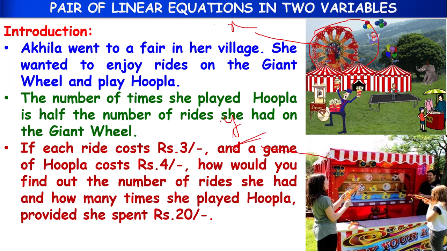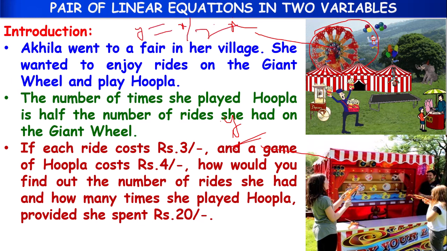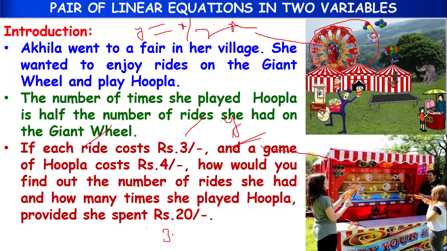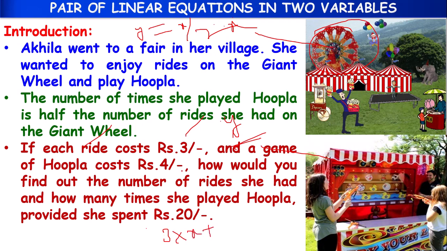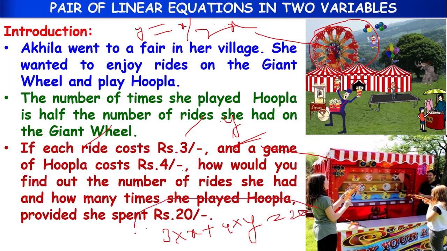So we have two variables, and y equals x by 2. That is one situation, one equation. Each ride is ₹3, number of rides x, so ₹3 into x. Each hoopla game is ₹4 into the number of games y, which is equal to 20. So this is another equation.